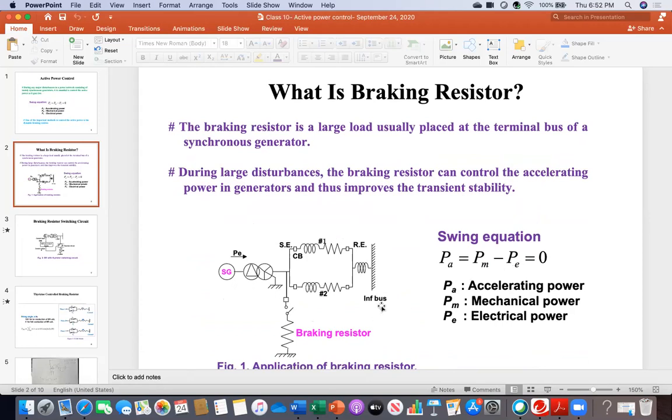And then the other thing is that in real practice, if you read about the BPA and Peace River transmission system, as I told you, or if you Google braking resistor, even though it gets overheated, it immediately dissipates heat in air because it is exposed to air. And the operation is not too long.